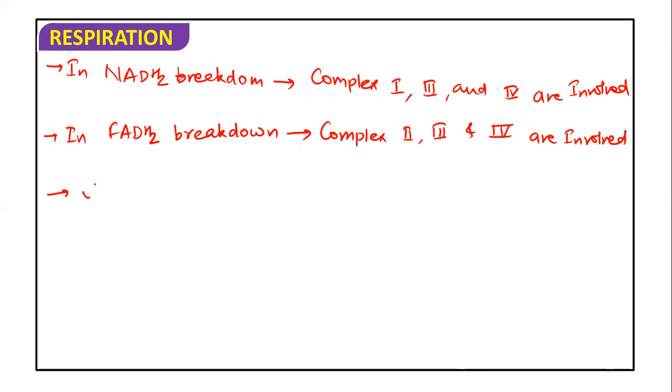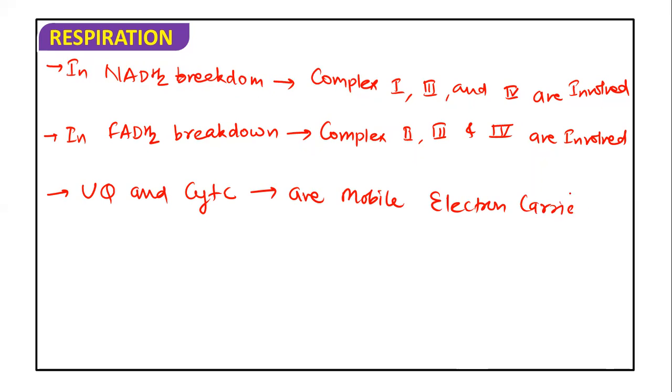As we have seen, ubiquinone and cytochrome C are mobile electron carriers. This means when ubiquinone comes into complex 3 between cytochrome B and C1, it can act between cytochrome A and A3, and when it is positioned, it accepts an electron from cytochrome A during the transfer of electrons from cytochrome A to A3, then it can push 2 H plus from complex 4 as well. In such a way this whole process takes place.